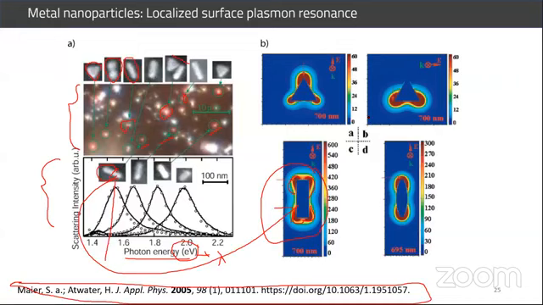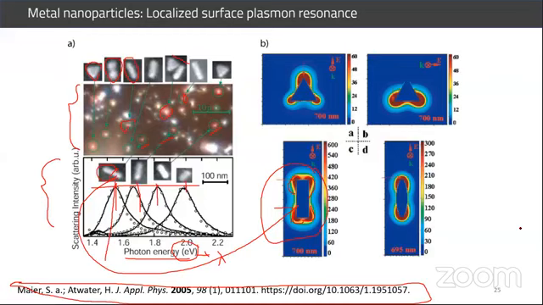And it also depends very much on the size, that means the size of the nanoparticle. For example, this graph shows that all these are nanorods with different sizes, and the wavelength changes every time the size changes. The shape also matters: from rod to triangle and from triangle to sphere, it will change as well.